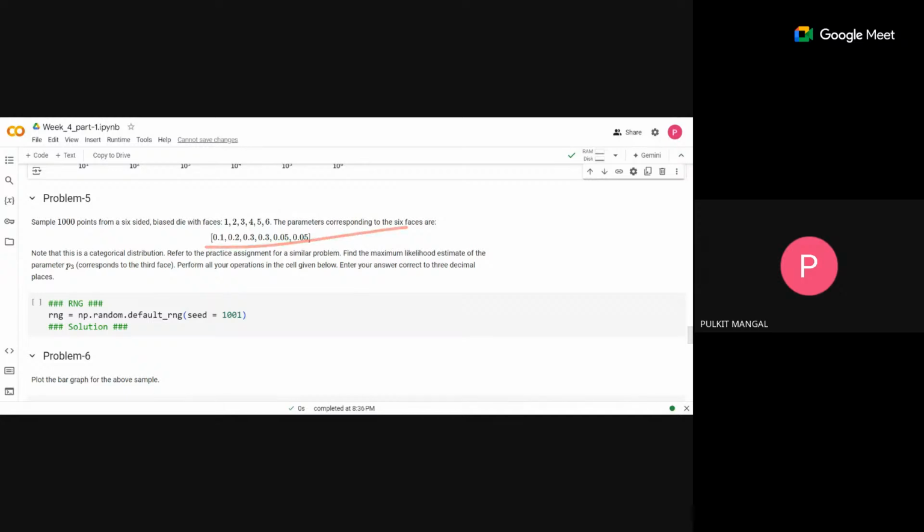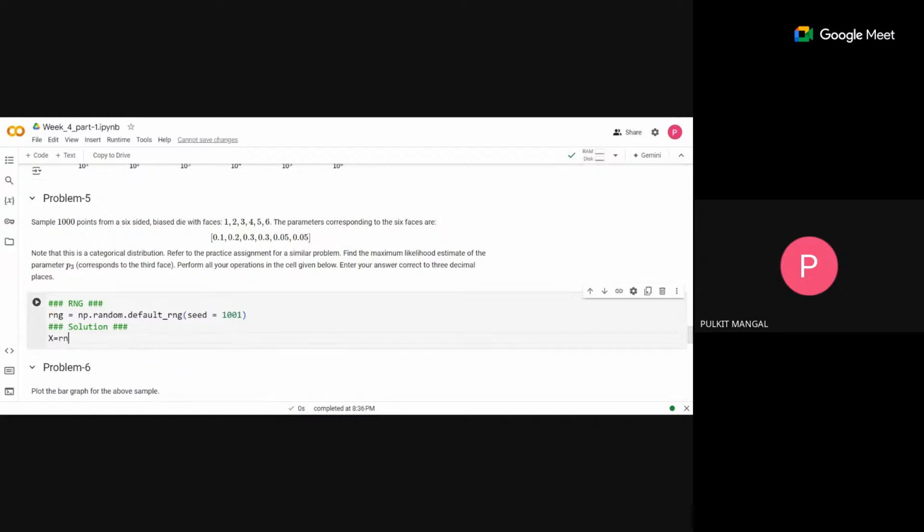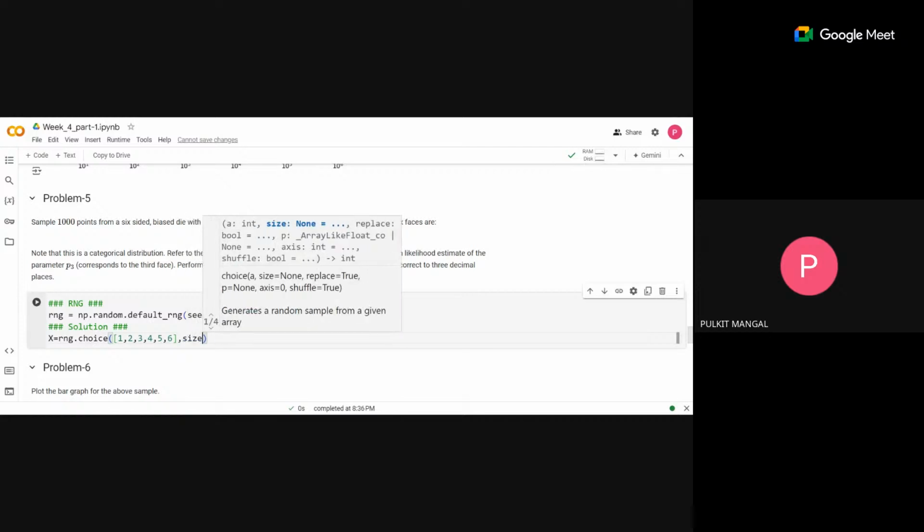So it's again the same problem: we have to sample 1, 2, 3, 4, 5, 6 with these probabilities, and then find the MLE for P3. P3 corresponds to the third face, that means this 3. So same thing, your rng.choice. This time I will pass 1, 2, 3, 4, 5, 6. The size is given to us as 1000.